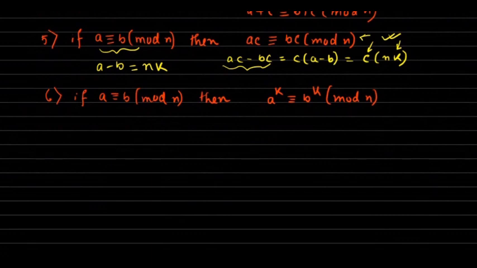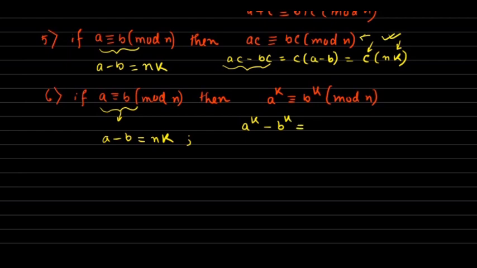a is congruent to b mod n means a minus b is divisible by n, which can be written as a minus b equal to nk. So let's find a to the power k minus b to the power k.